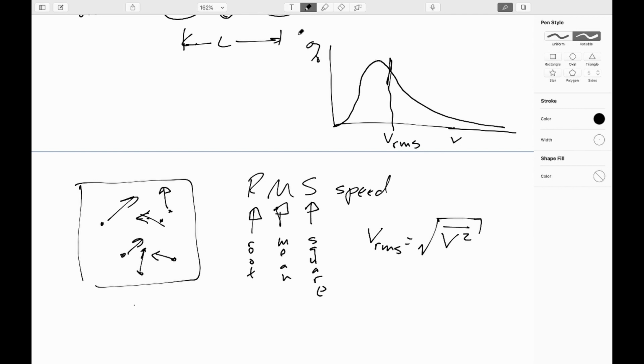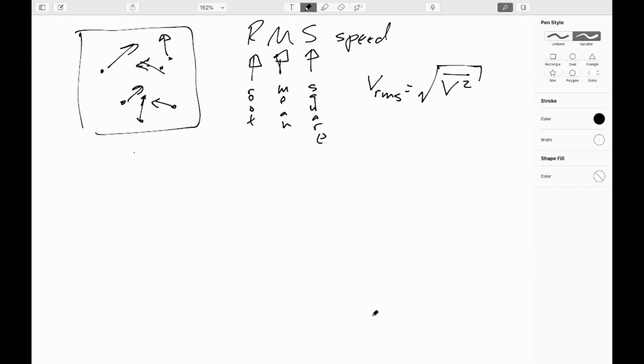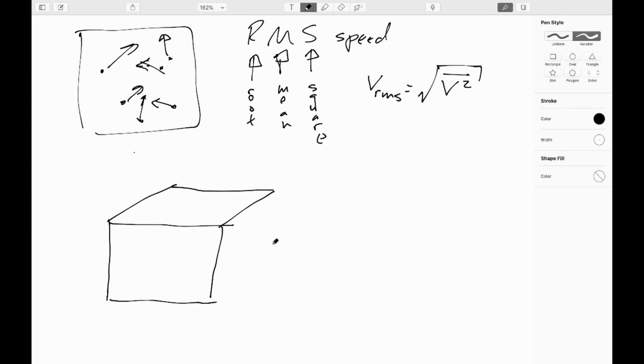So now here is where we're going to connect the microscopic to the macroscopic. So we will start by imagining that we have a box, L on a side.